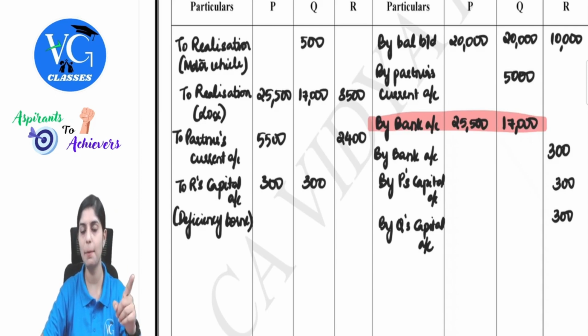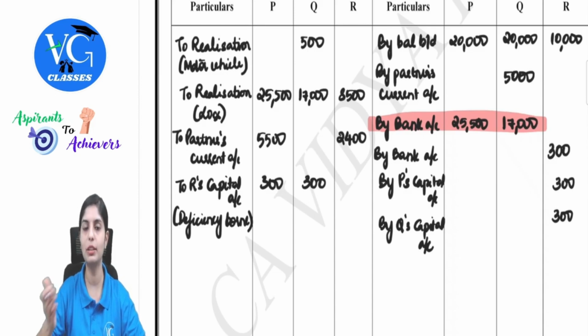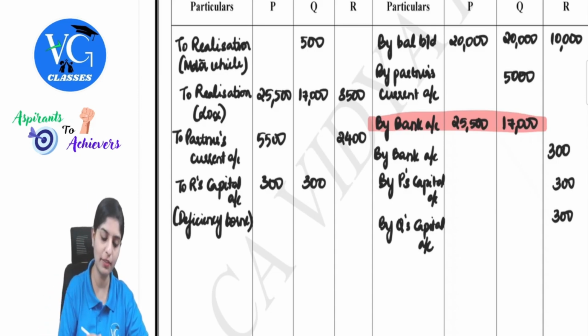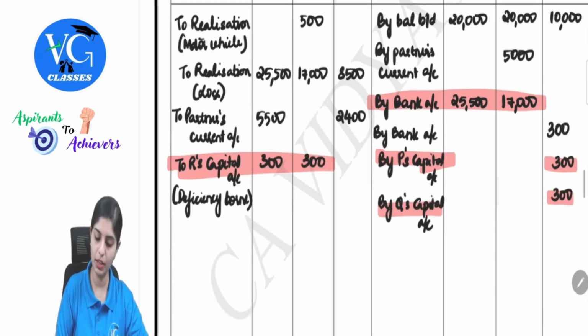In this question, fixed capital is there. So we understood fixed capital balances. 2:2 was the ratio. So 600, which was the deficiency borne by P and Q, 300 and 300, has been reflected. This is the deficiency entry. Clear? Okay.